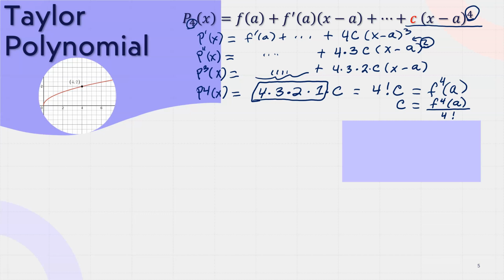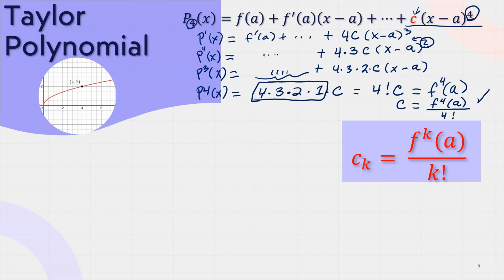In other words, that constant c for any nth degree polynomial, I'm going to call that c sub k, that kth coefficient, is going to be the kth derivative divided by k factorial, based on the pattern that I have observed there.